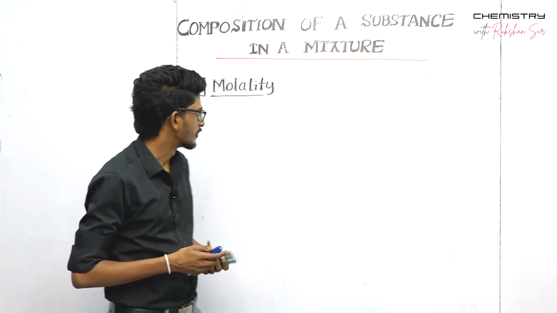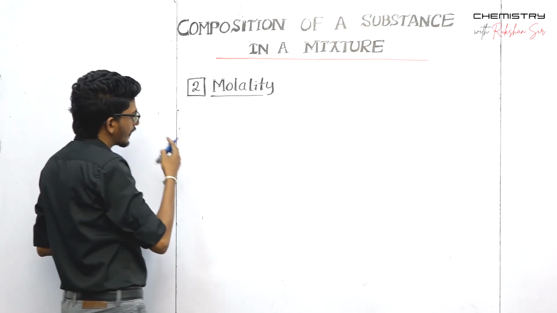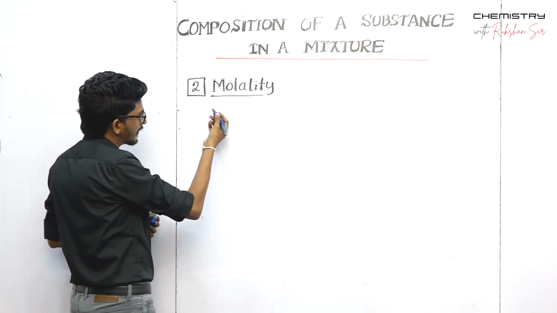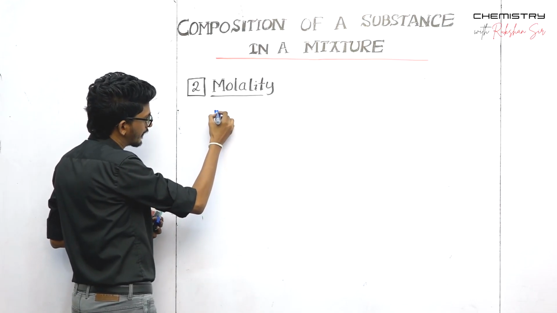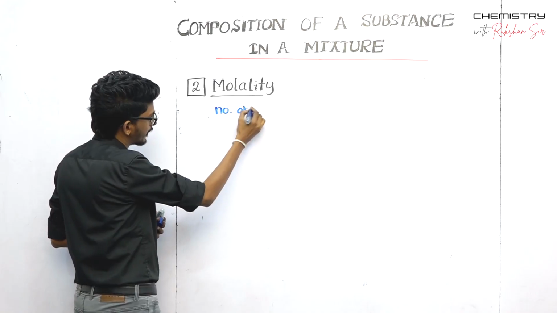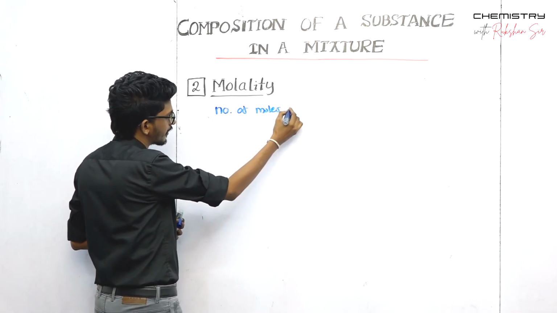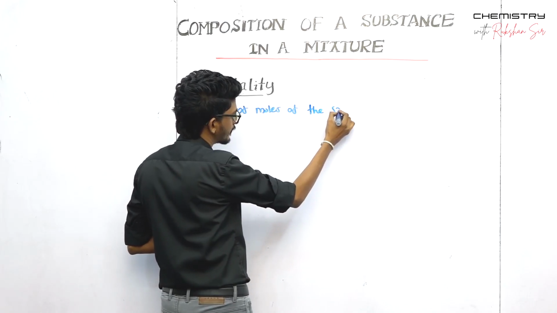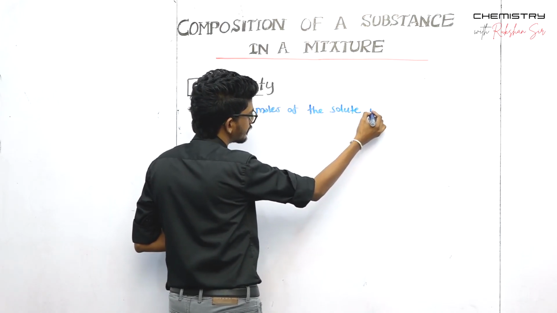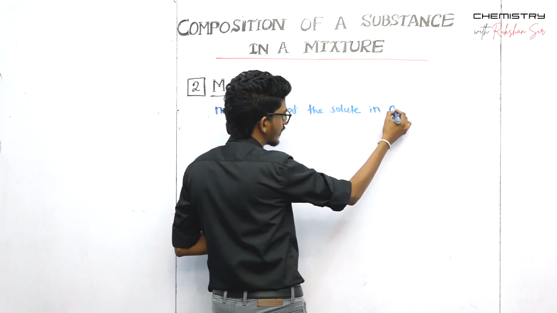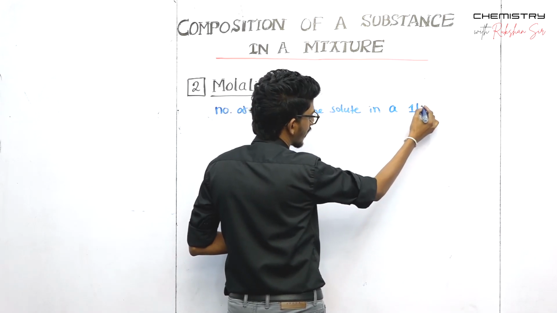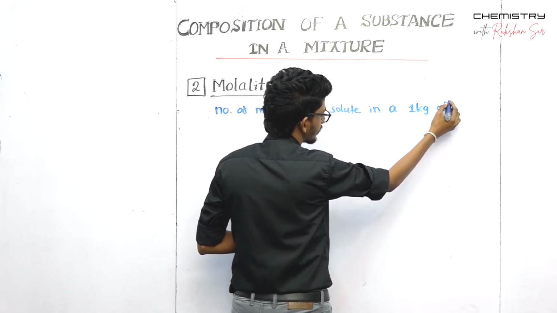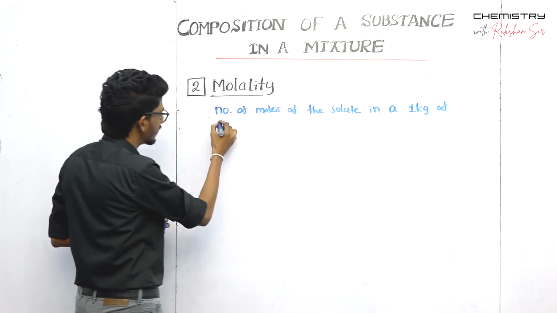Molality is the number of moles of the solute in 1 kilogram of the solvent.